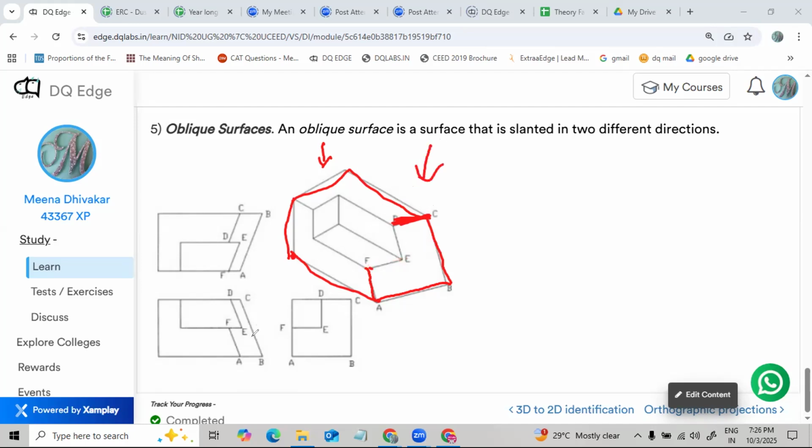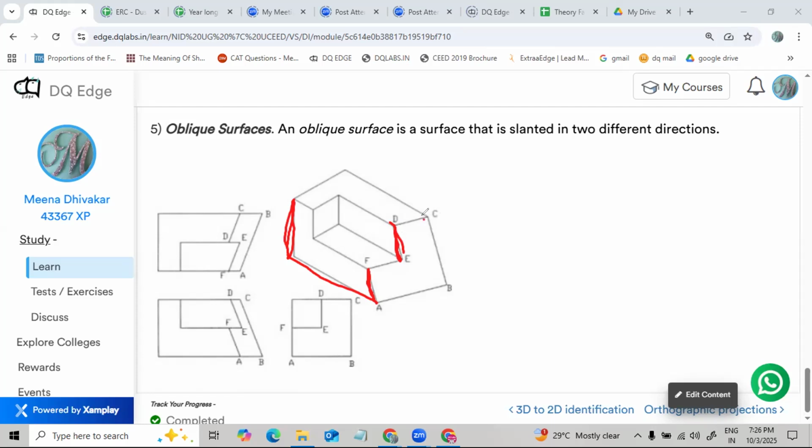When I take a front view, how does the front view look? I'll show you. When I take a front view, this is a straight line and this is a straight line, and this is slanting and this is slanting. Can you see this? Yes, ma'am.